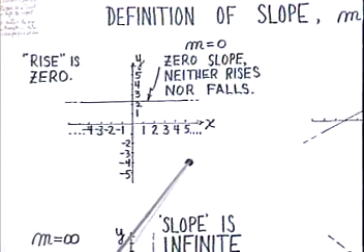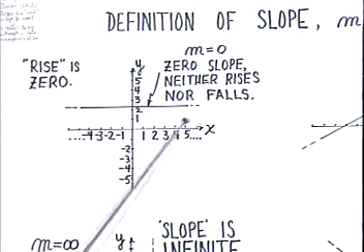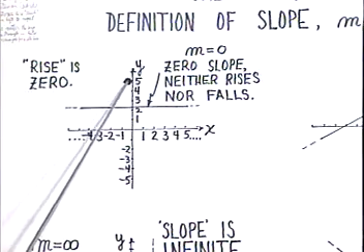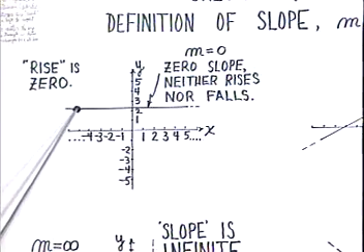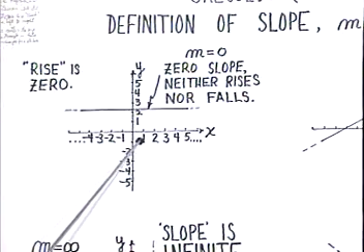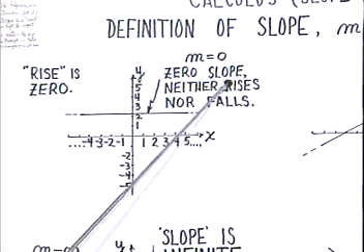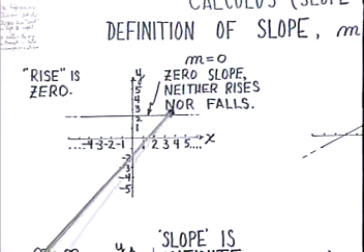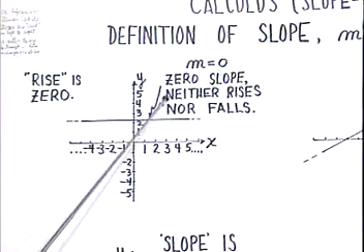Slope is measured with a reference of the Cartesian coordinates, the x and y axis. Let's take a look at this line first. It is parallel to the x-axis. It has a zero slope because it doesn't rise, nor does it fall, with reference to the x-axis.